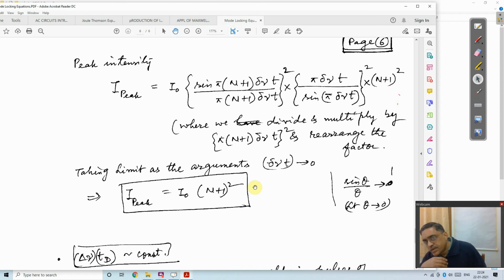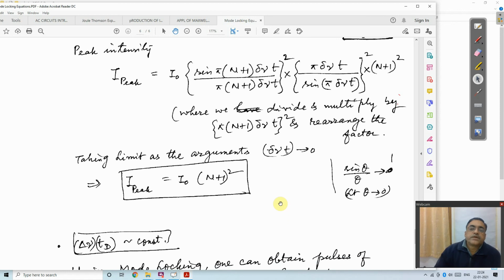So we multiply and divide by n plus 1 pi delta nu t and rearrange it, and taking the limit as sine theta by theta, when theta tends to 0 it is going to be 1. So this becomes 1, this becomes 1, and what remains is I naught times n plus 1 squared.